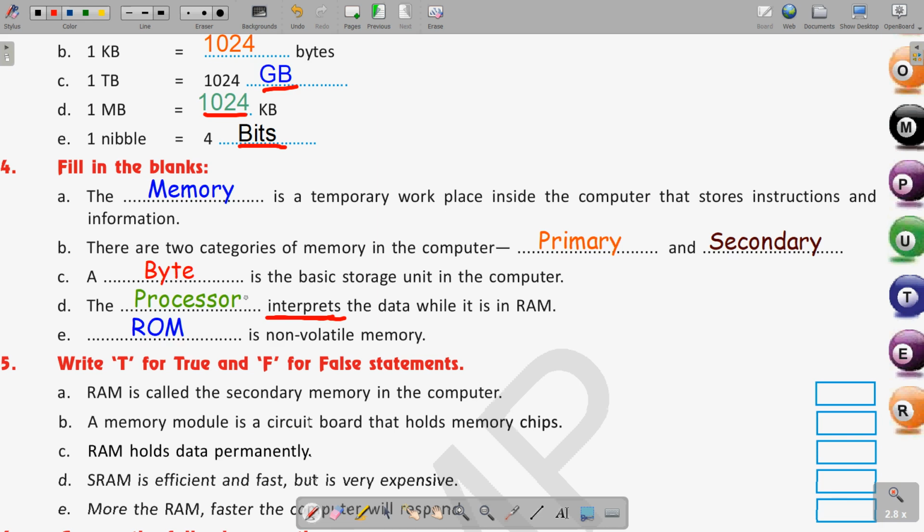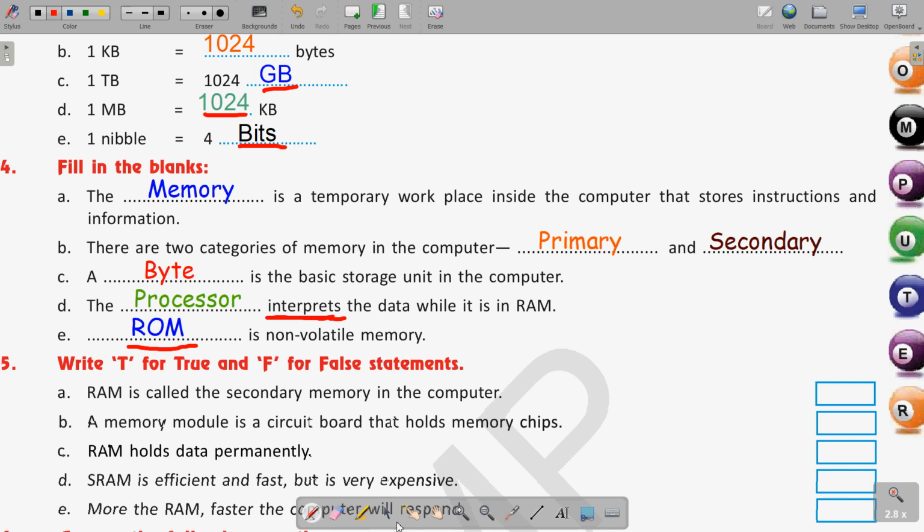So the processor or the CPU interprets the data while it is in the RAM. Now next one is E, that is, blank is non-volatile memory. So what is non-volatile memory? It can be ROM, that is read-only memory. Clear? So ROM is a type of non-volatile memory. Okay, so we have covered till question number 4.